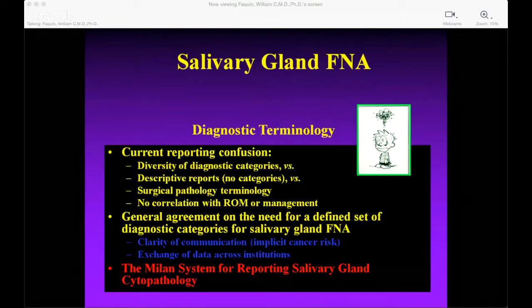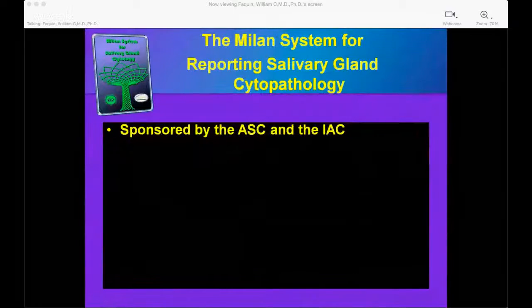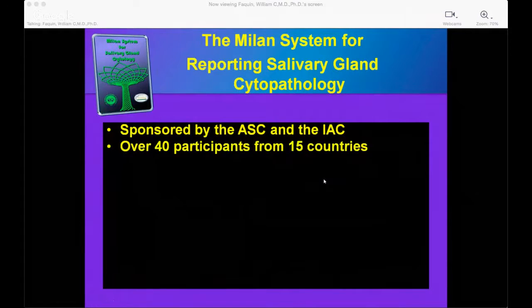We met at the European Cytology Congress in 2015 in Milan, and decided that we needed a reporting system, and we're calling it the Milan system for reporting salivary gland cytopathology because of that first face-to-face meeting in Milan, Italy. So the Milan system is sponsored, as I mentioned, by the ASC and the IAC.